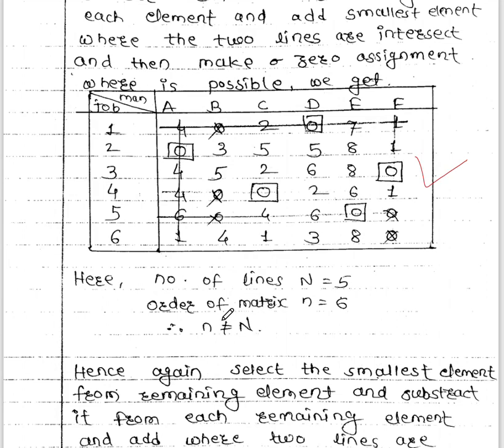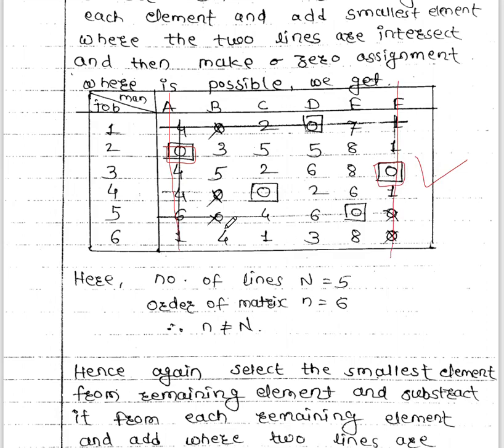Now again we will make the 0 assignment on this table. We will go first row wise. In the first row there are 2 zeros, so we cannot make a 0 assignment here. In the second row there is only one 0, so we can make a 0 assignment and cross this first column. In the third row there is only one 0, so we can make a 0 assignment here and cross this column.